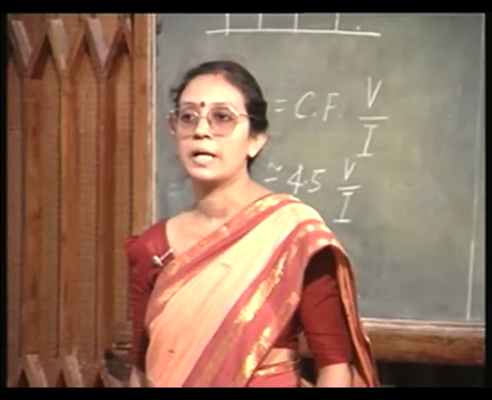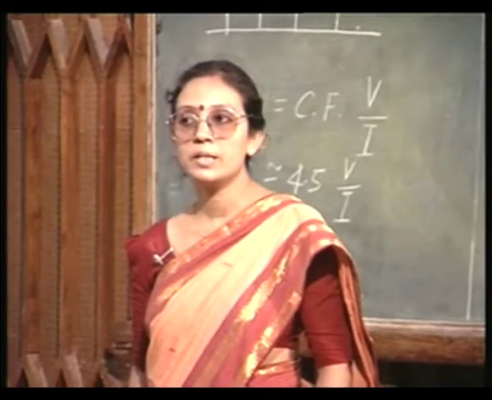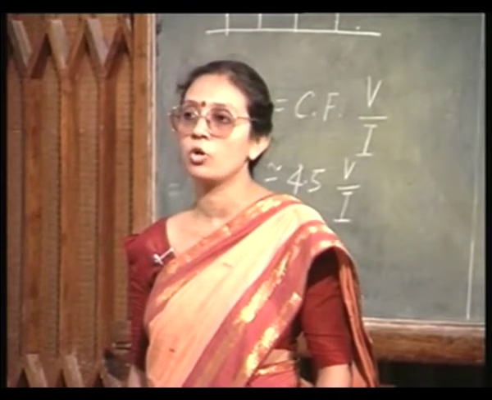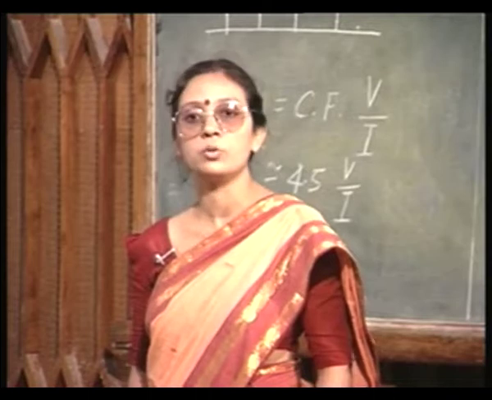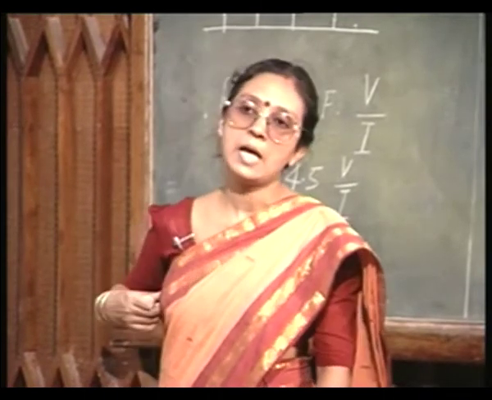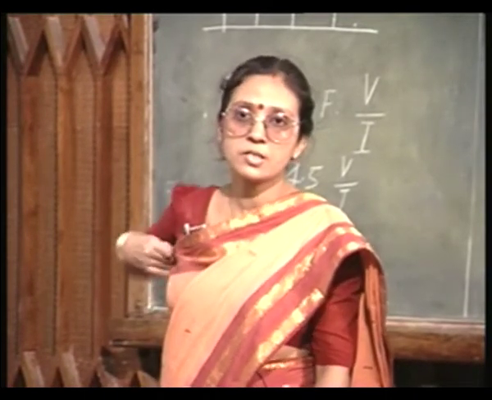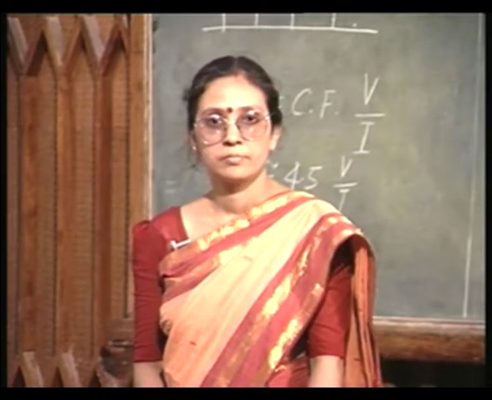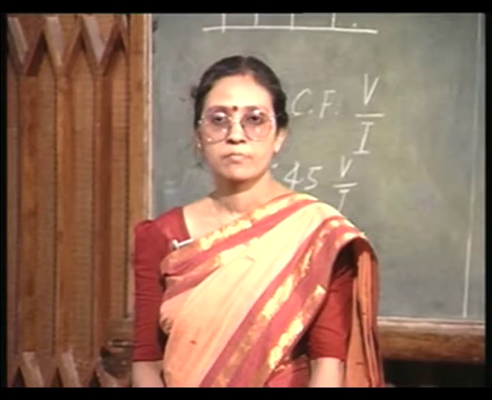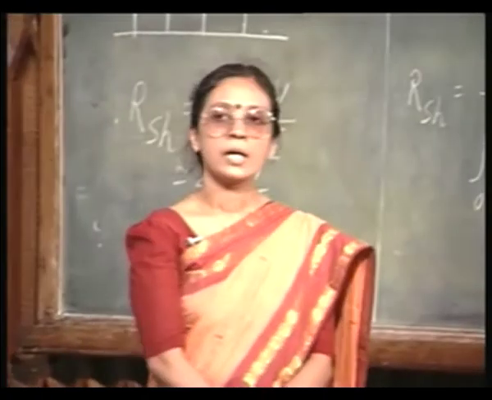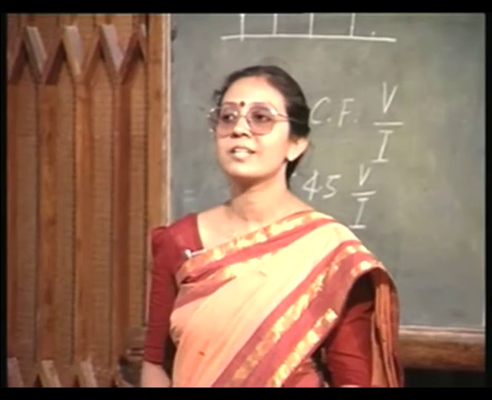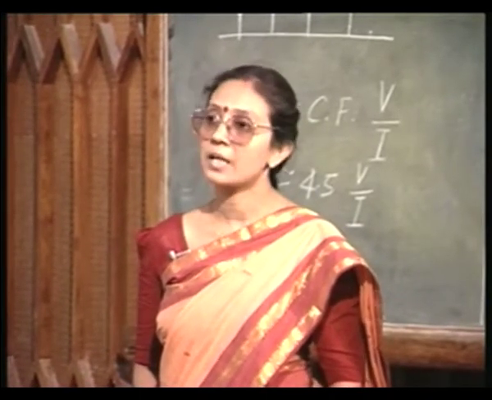I cannot do that simply because mobility is not really a constant, but mobility is also a function of the doping concentration. You know that as the doping concentration is increased, mobility is going to decrease, right. So, solving this equation is not a very straightforward thing, but it can be done.